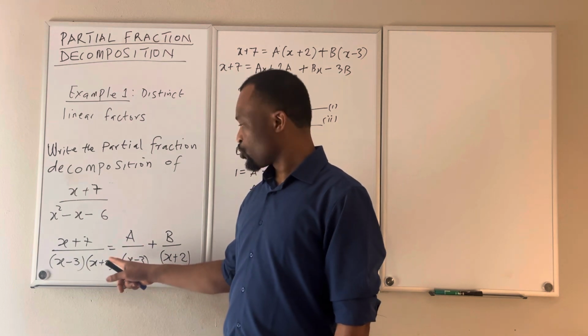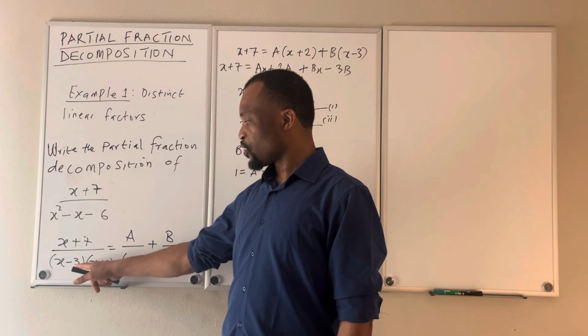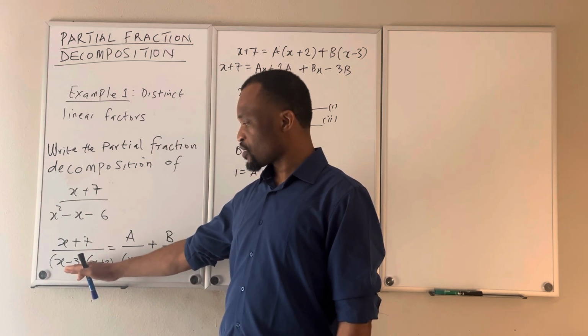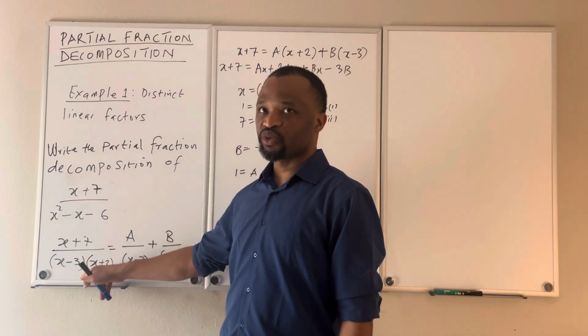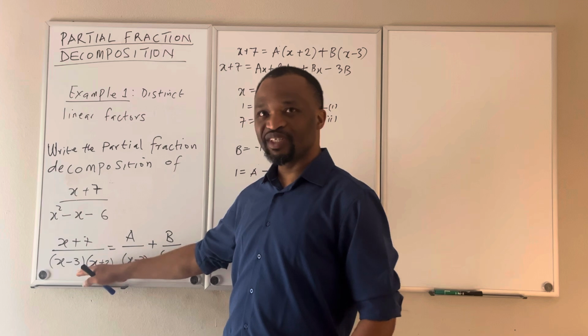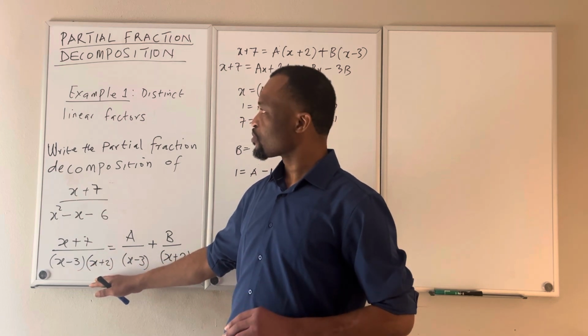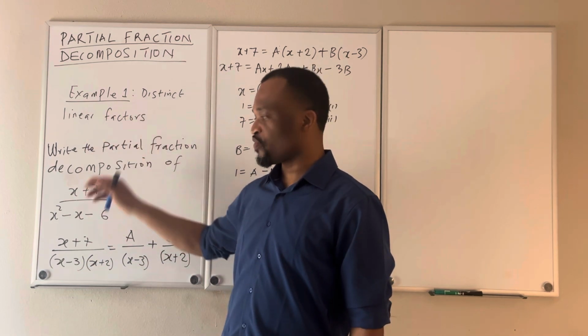The next step will be to write, and in this case, what we have here are two distinct linear factors. If you look at our factors, when we factorize this, we're having two distinct linear factors. And this is an example of that case.